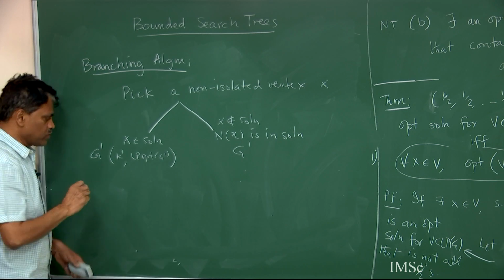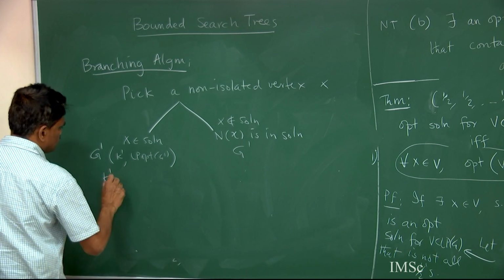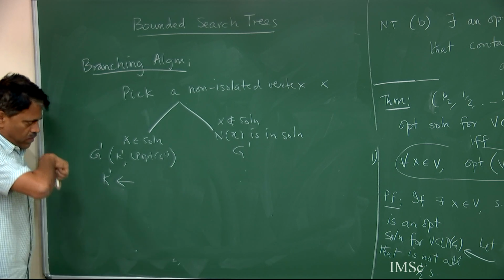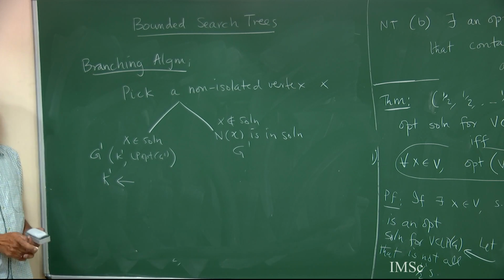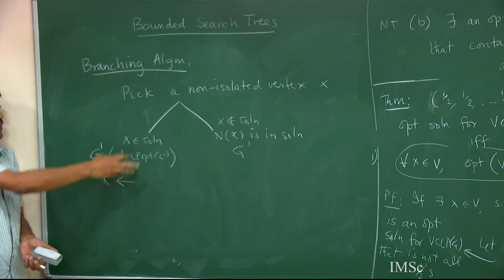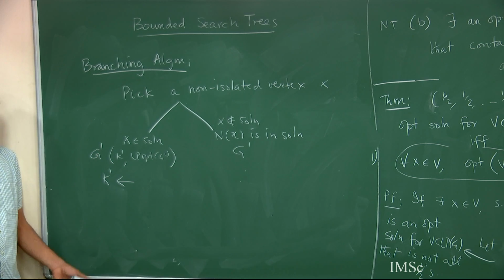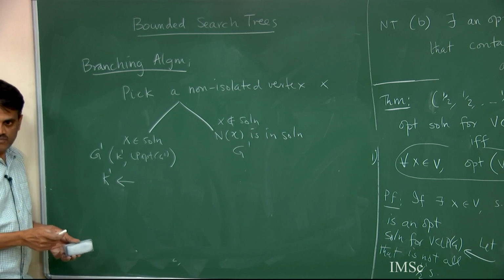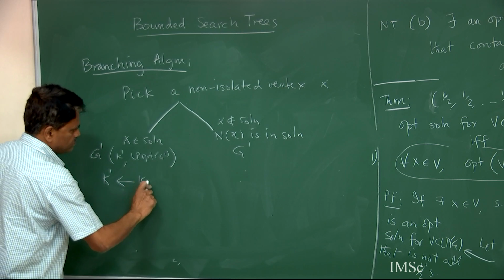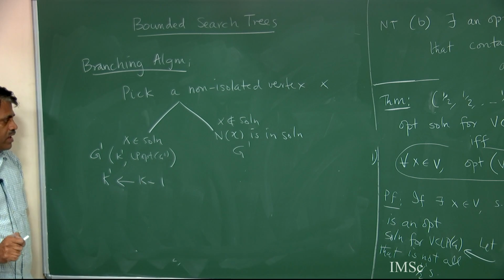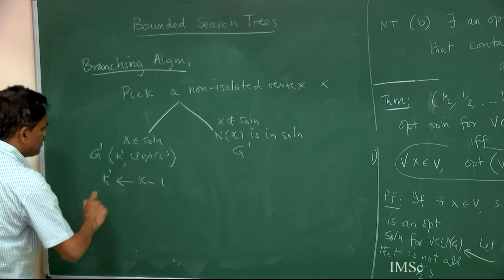Okay, so what happens to K prime here? Because my problem is to find a vertex cover of size K. The parameter happens to be not K, but something else. So, now I picked one vertex into my solution. So, now in the remaining graph I should look for a vertex cover of size K minus 1. So, K prime becomes K minus 1, right. Okay. What happens to the LP opt of G prime?